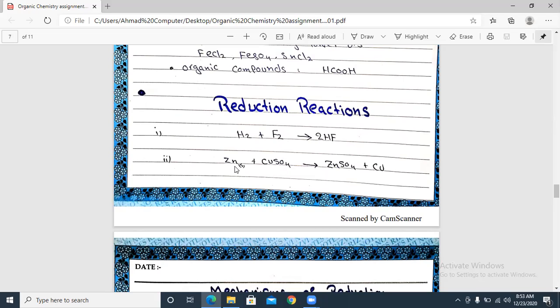And in the second reaction, zinc reacts with copper sulfate to form zinc sulfate plus copper. In this reaction, the copper in copper sulfate is reduced and zinc is oxidized, forming zinc sulfate and copper.